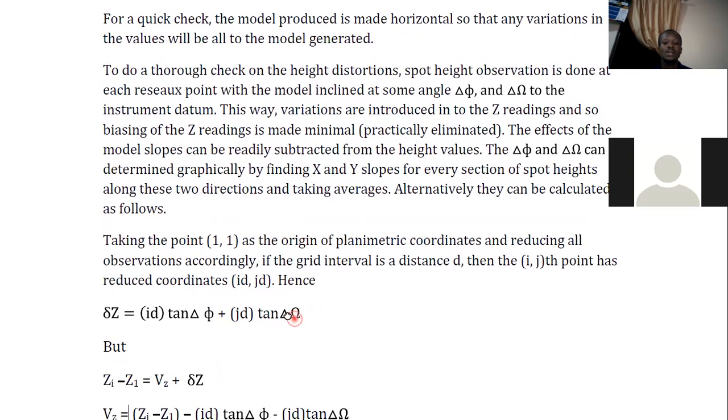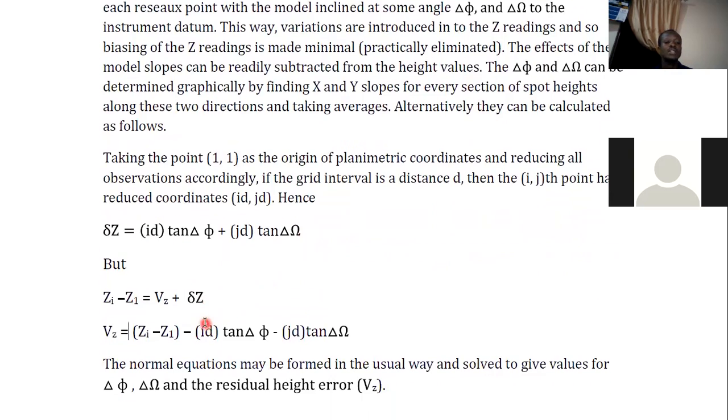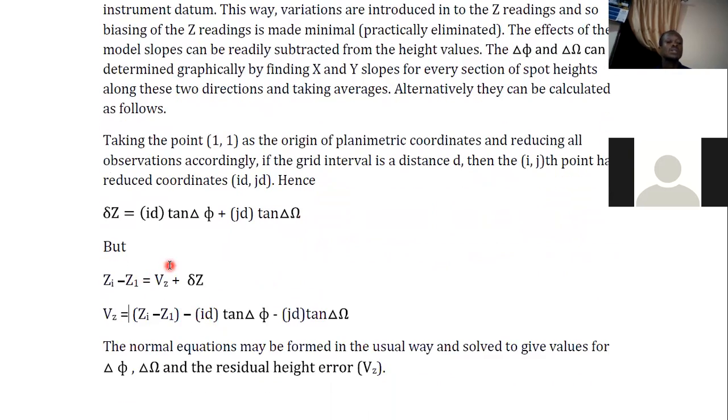So this one here is the omega, this is the phi, common omega, and then there should be a way to relate all the points. So when you see i, j, you're referring to, for example, 1,1, 1,2, as we saw earlier on.